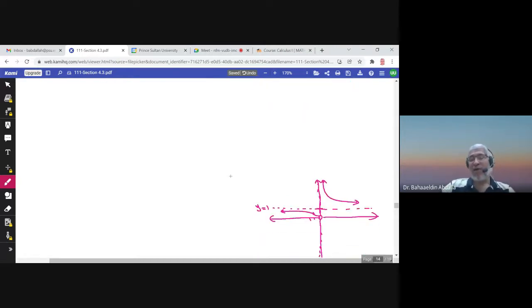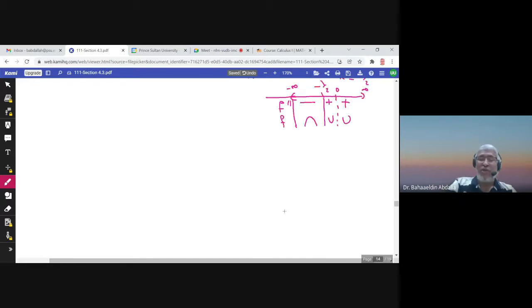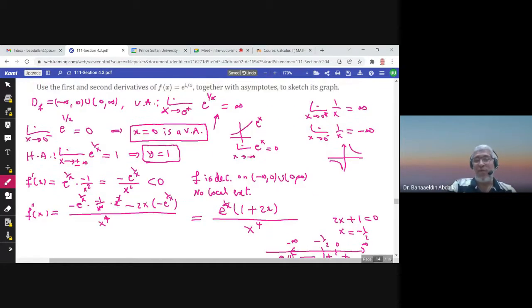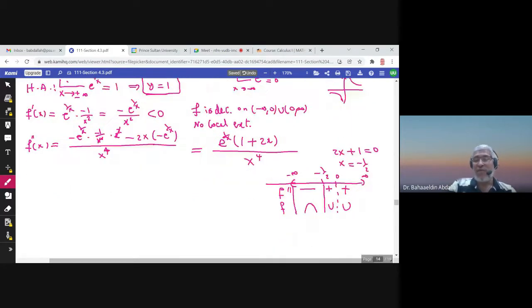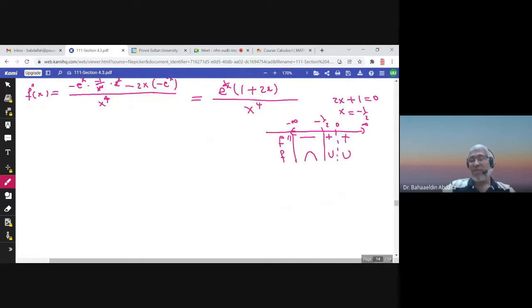So now the graph is absolutely correct, with all the information we found from the first and second derivatives. And you notice I have an inflection point at negative half.